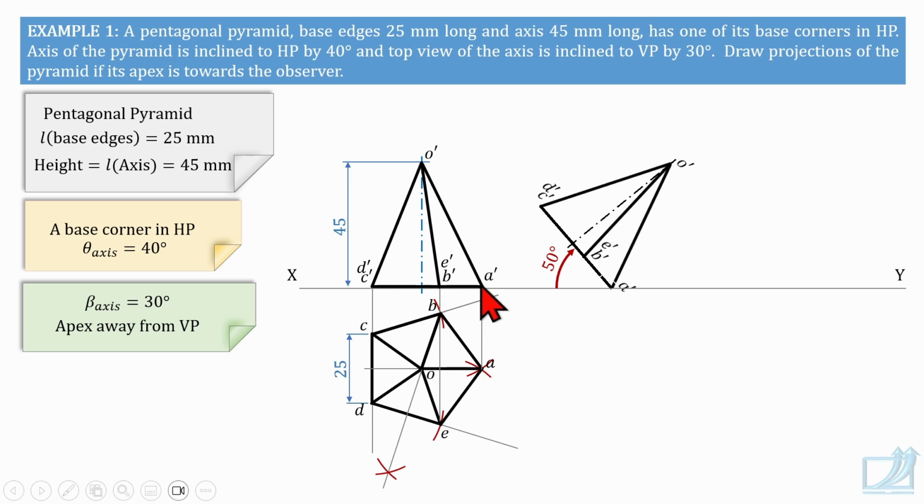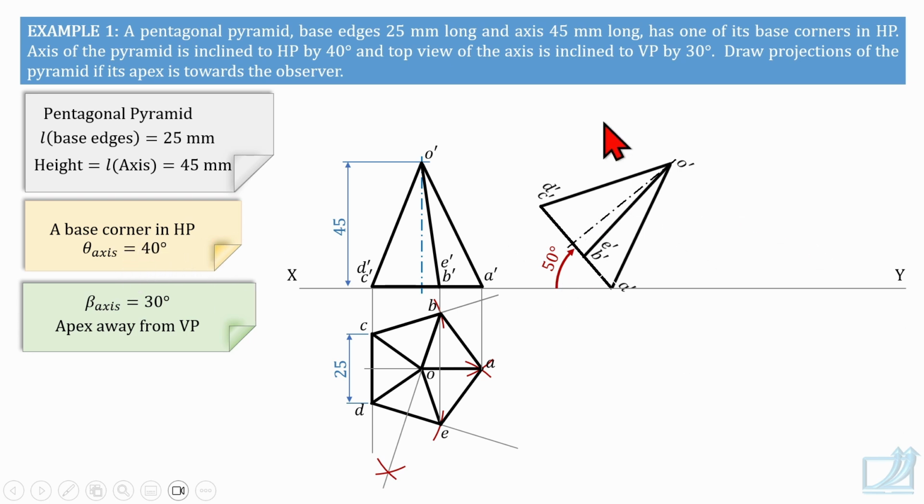We have moved this triangle, or front view, for details with respect to HP. In fact we have rotated it about corner A so that the base makes 50 degrees and corner A is in HP. Base makes 50 degrees means certainly the axis makes 90 minus 50, that is 40 degrees.